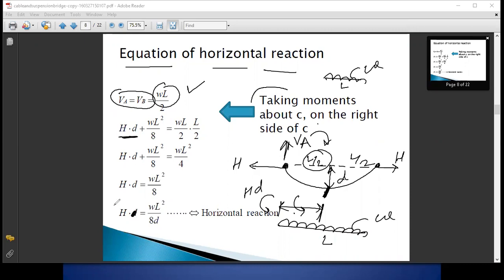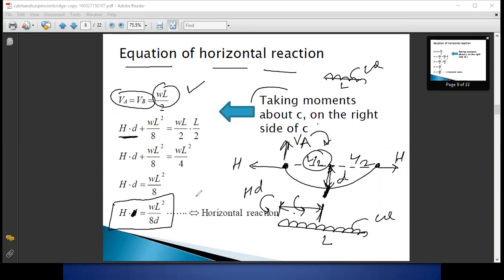So horizontal reaction H we get is equal to WL square by 8 times D, where D is nothing but the sag. Okay, from this up to the distance, that is vertical distance, that is called as a sag, that is small d, right?